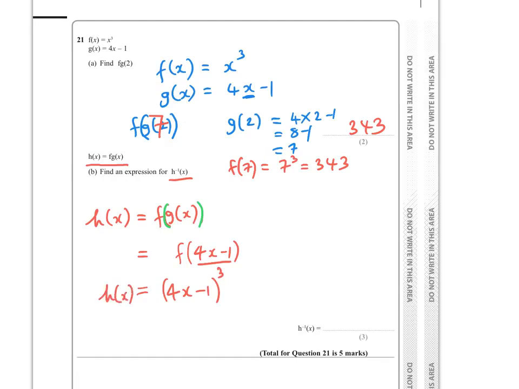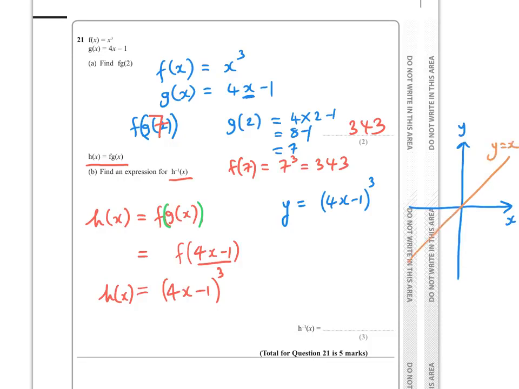So how do we find the inverse? Well, I'm sure you've been taught this by your teacher. So what you do is, you let, for example, y equal 4x minus 1 cubed, and hopefully you've been taught that when you graph a function and its inverse, they always are perfectly reflected in the line y equals x.